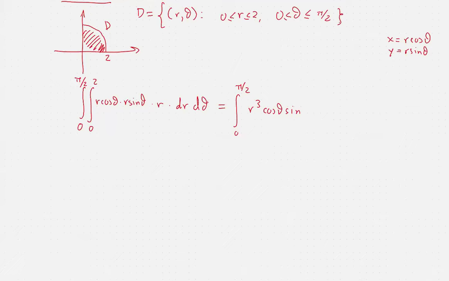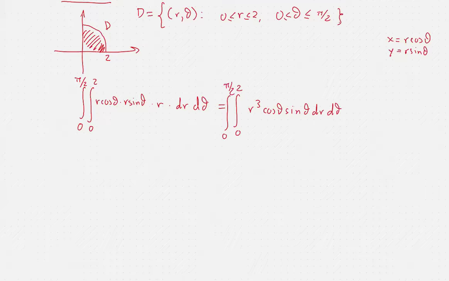Let me rewrite this. So first, let's do 0 to 2 dr. That will be our inner integral. And then 0 to pi over 2 d theta. So I'm going to do the integration first with respect to r.